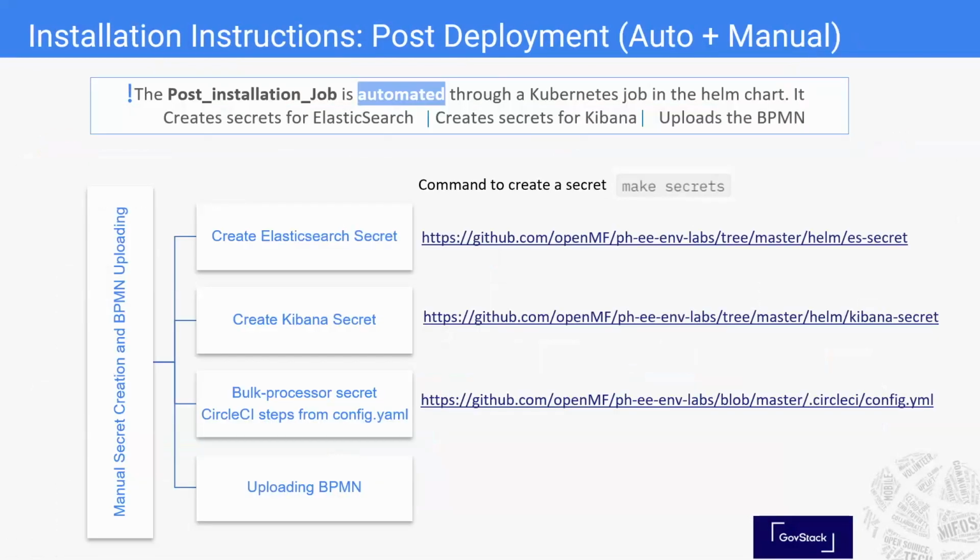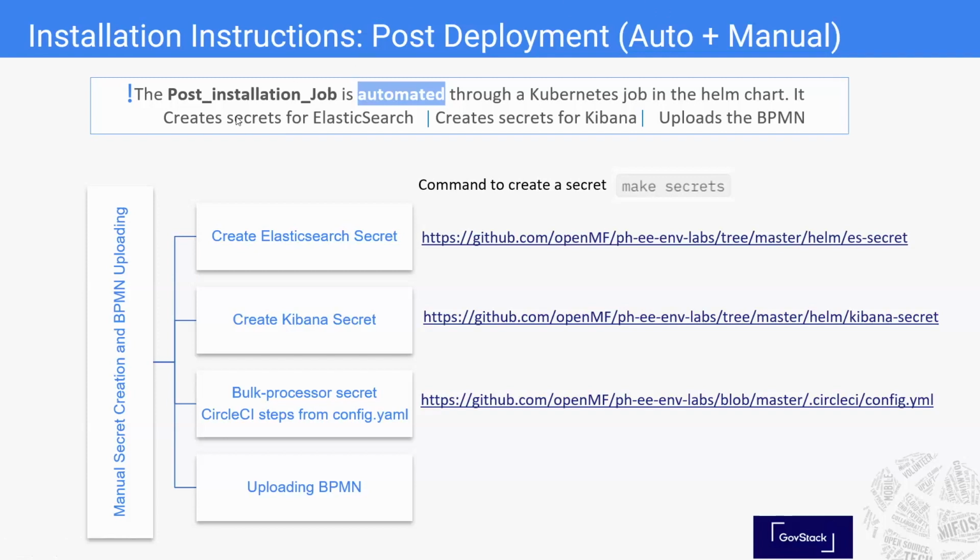So now, as we've seen that the system has been installed and is present on the system, the next thing is the post-installation operations. As we've already told you, they are automated, but they could also be carried out manually as well. The automated operations that do occur are already contained within the Helm charts.